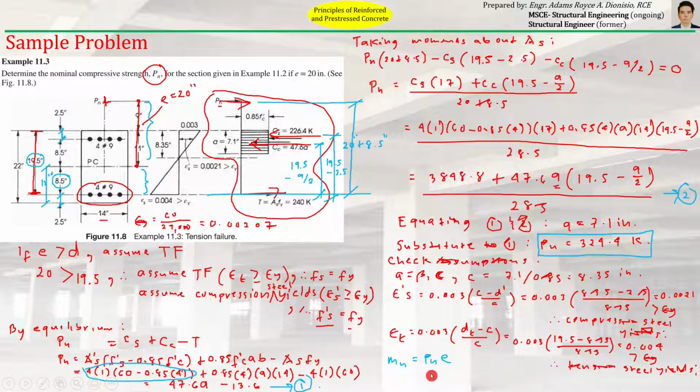Compute mo lang yung strength reduction factor with this given strain T. So, most probably, nasa ano to? Nasa transition to kasi 0.004 siya. Diba ang limit natin sa transition from 0.002 to 0.005? So, most probably, nasa transition to. So, most probably, mga less than 0.9 yung phi niyan. Okay? So, that is the final answer for this problem.